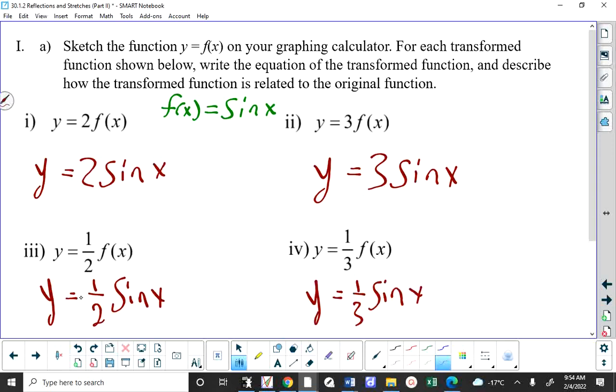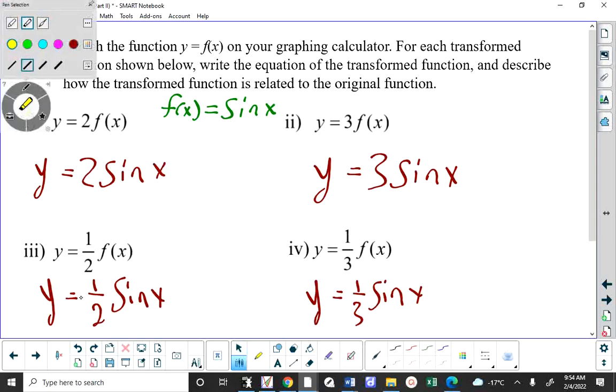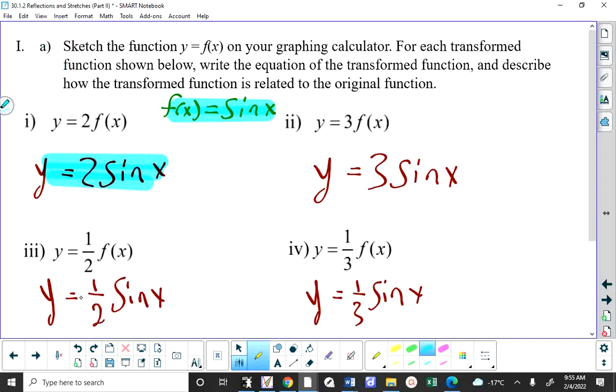So the question is, everybody, how does this graph compare to the original graph? And how does this second graph compare to the original, et cetera, et cetera? Well, let me show you. And again, you could do this on your graphing calculator.